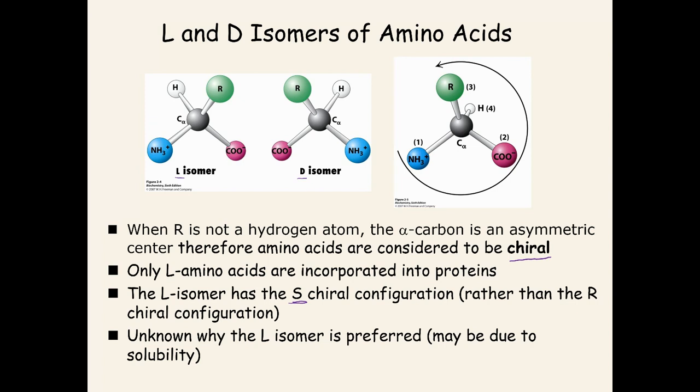I just want you to try and remember that chirality is important in molecules that have 4 different groups around the carbon, and that in the case of biochemical molecules, it's very common that one isomer is preferred over the other. So in proteins, L is preferred.